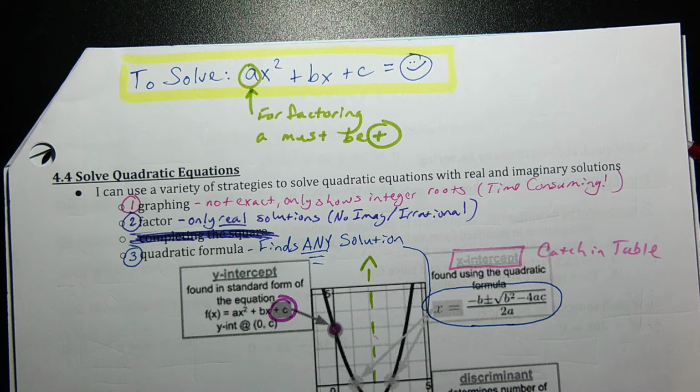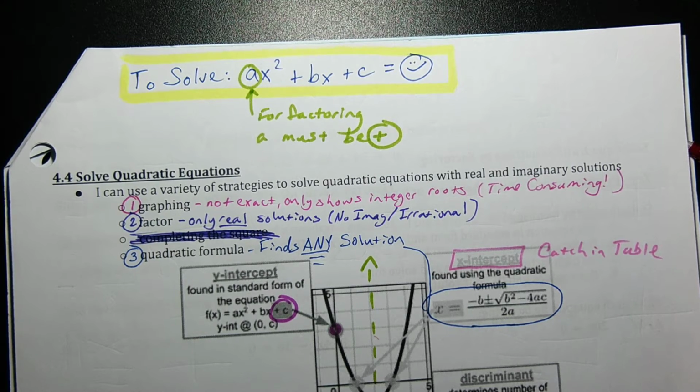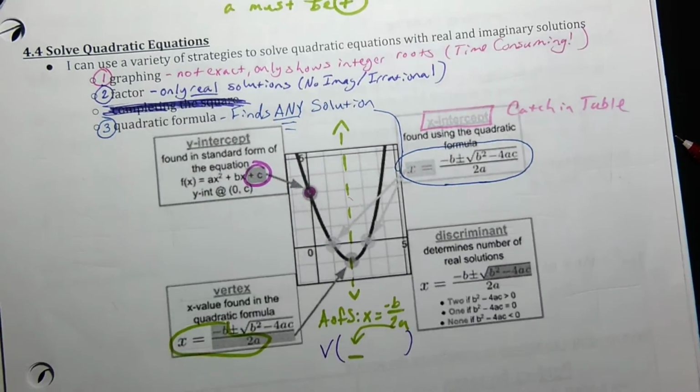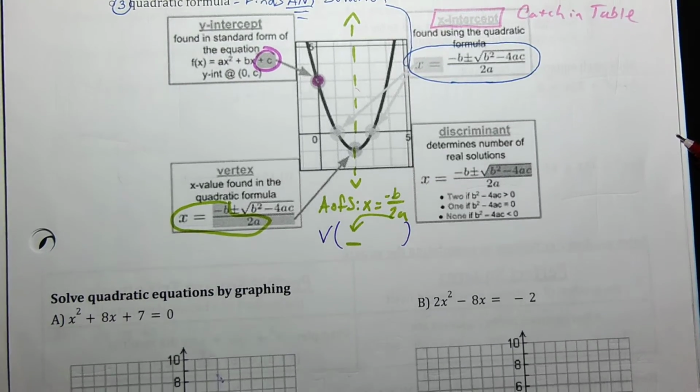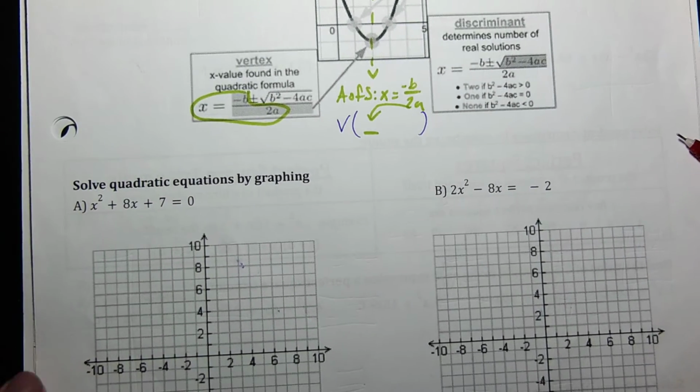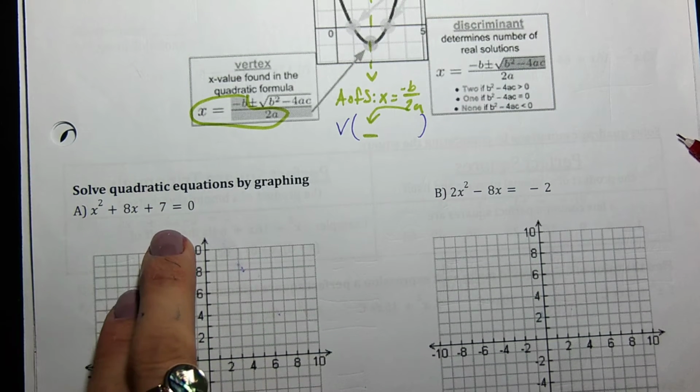So down at the bottom, we are going to start by reviewing how to graph quadratics, since that was a long time ago last week, and how we can use that for solving. So the first thing we check for is standard form. Is this in standard form equal to 0?